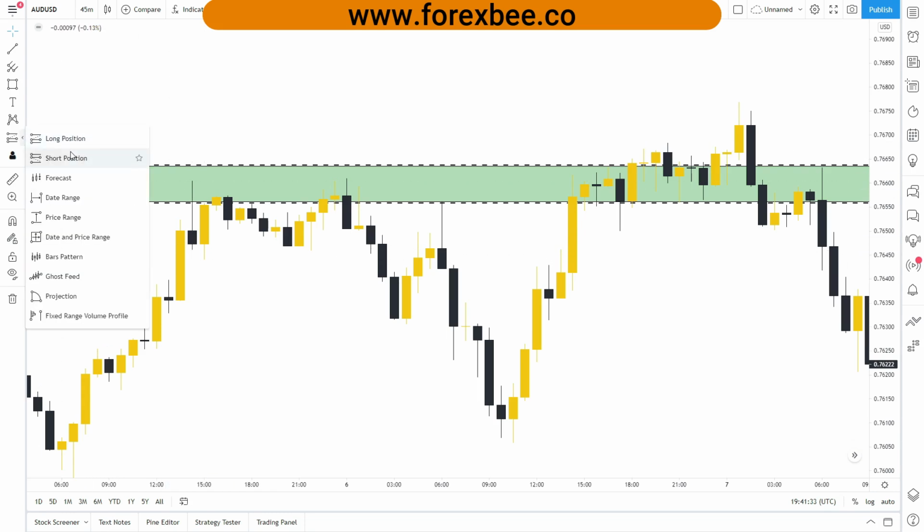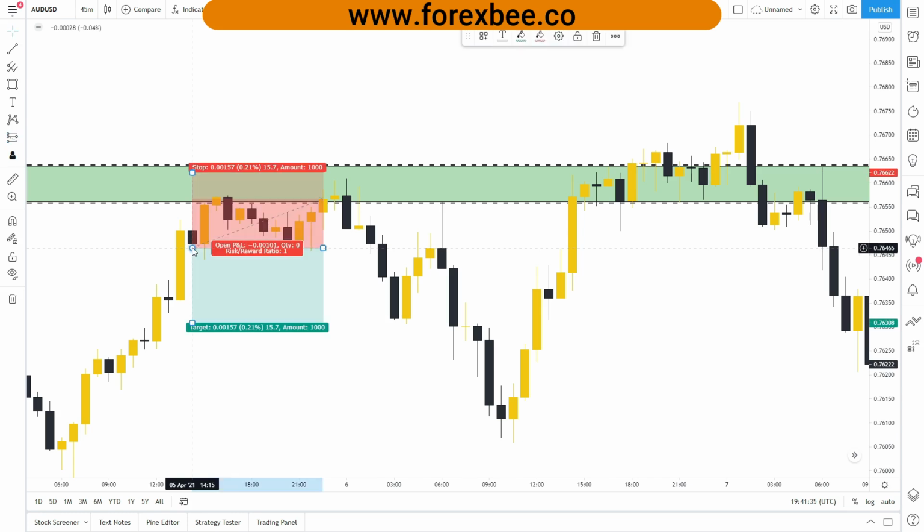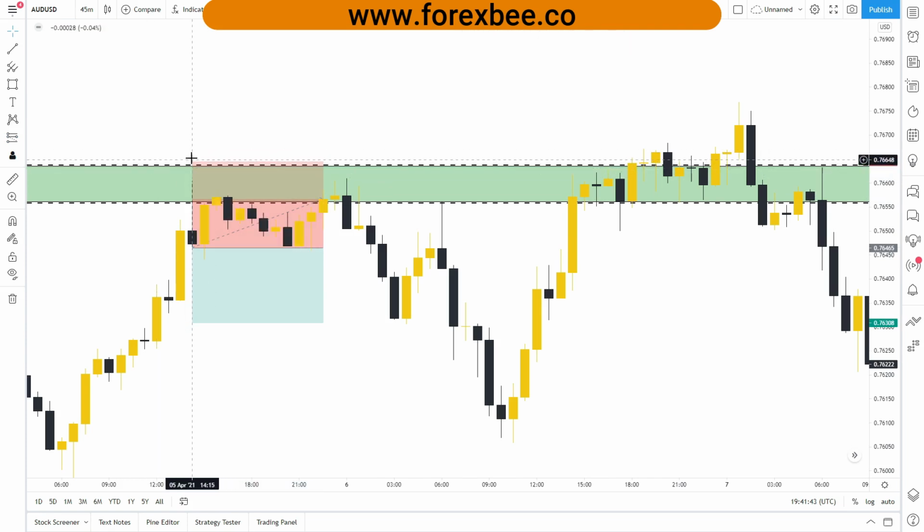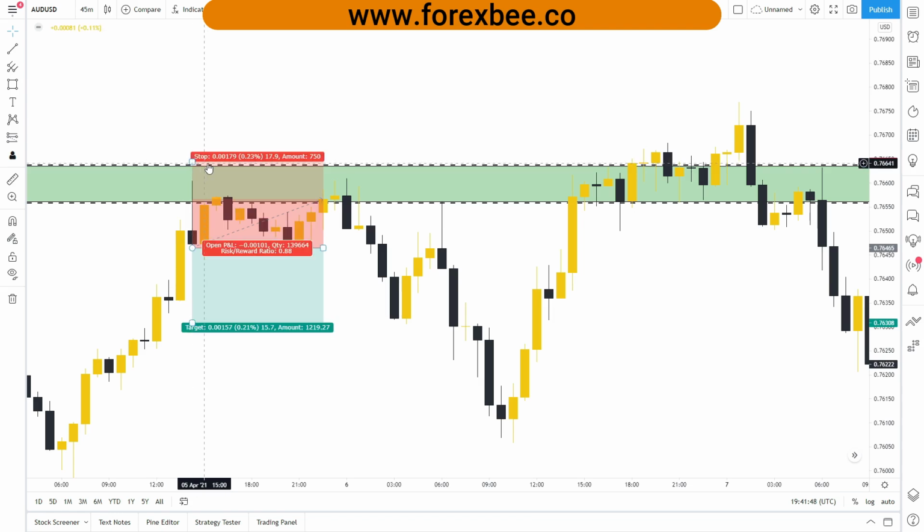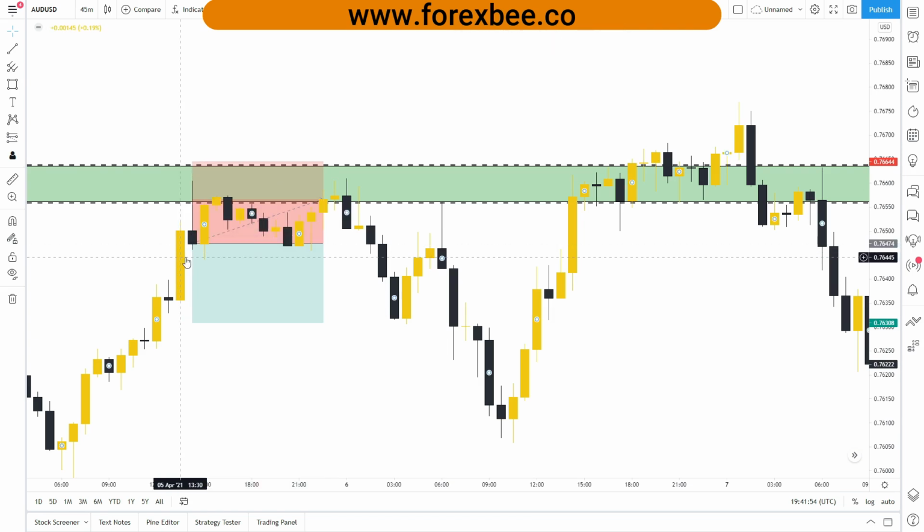So let me go ahead and open that. Click here, and we're going to put our stop loss just above our resistance level, because we need to keep this margin to cover the spread as well. Here I will take this to our close.